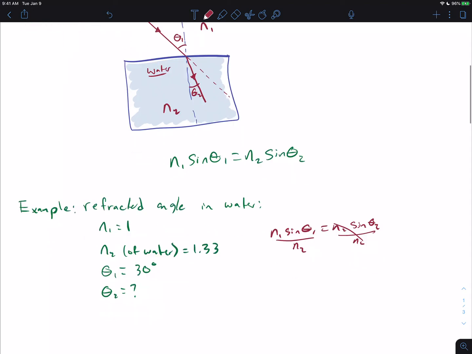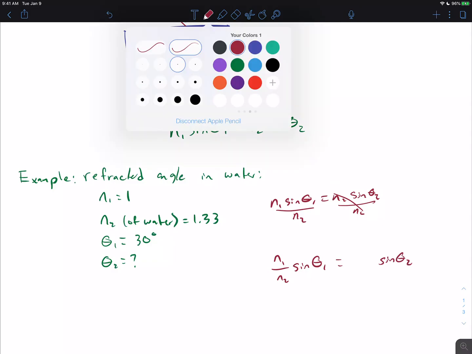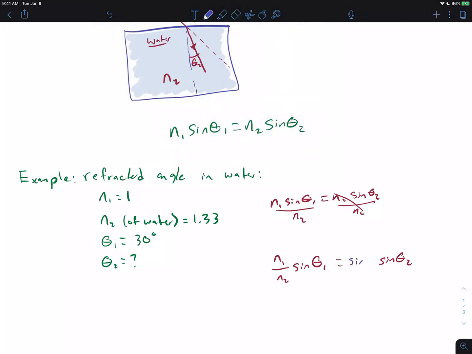First, we need to get sine theta 2 by itself, so we'll go ahead and cancel out n2. The next thing we can do is rewrite this, n1 over n2 times sine theta 1, and take the sine inverse of this.